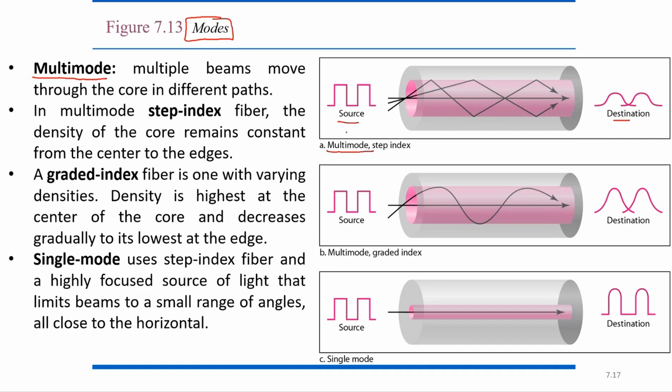So this is multimode. Within multimode there is also the step index fiber. There is a core and cladding. If, moving from the center of the core away from the center, the refractive index of the complete core material is uniform throughout the core, then that will be called a step index type of fiber.